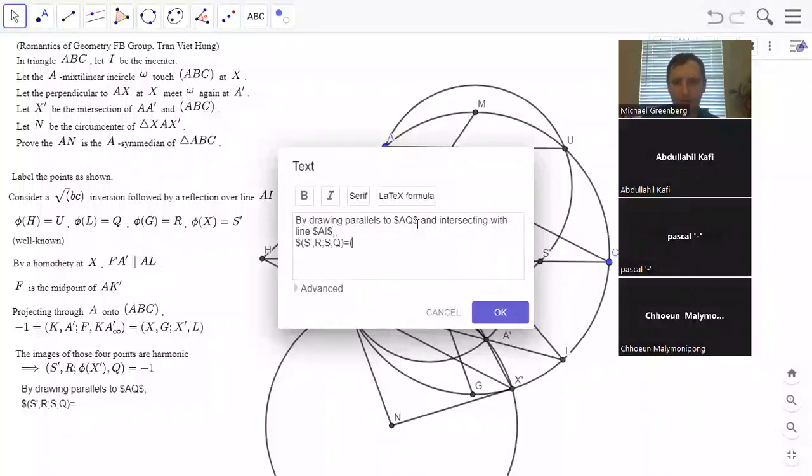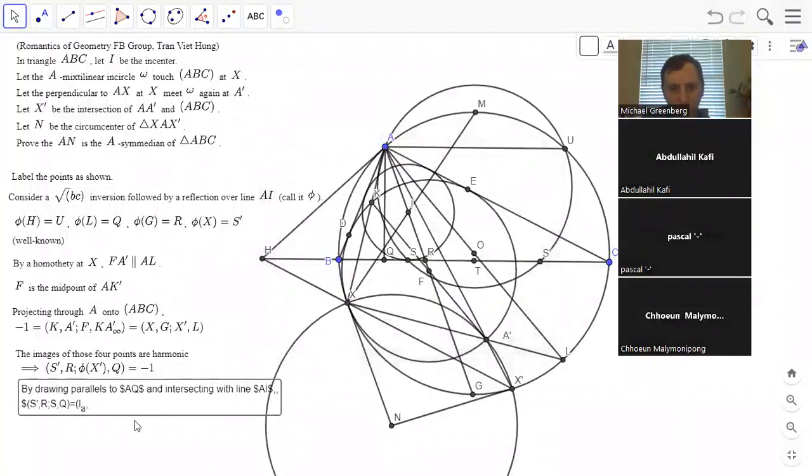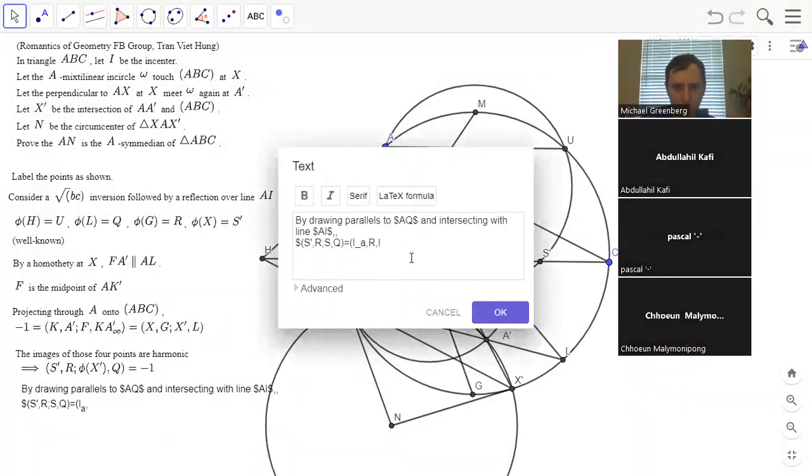And we have, this would be IA, and then R goes to just R, and then S goes to I, and then Q goes to A, where IA is the A-excenter.